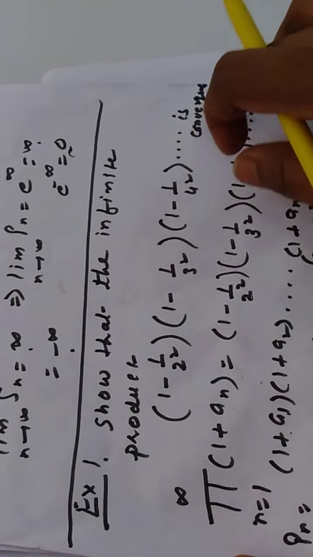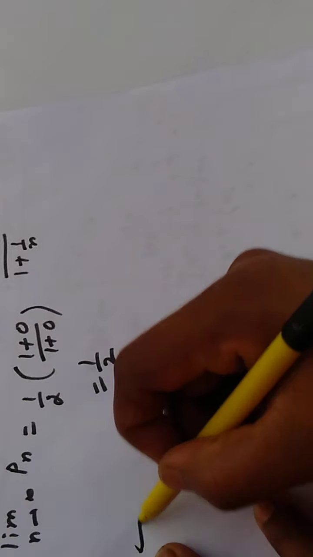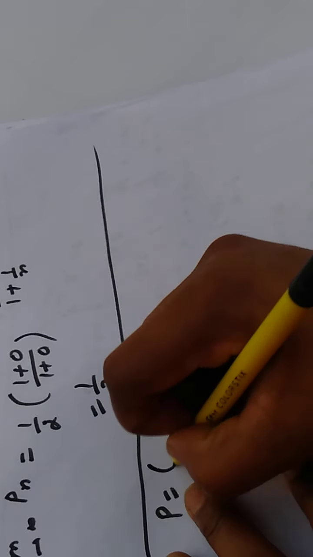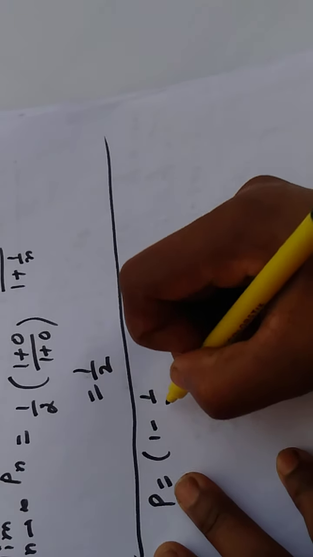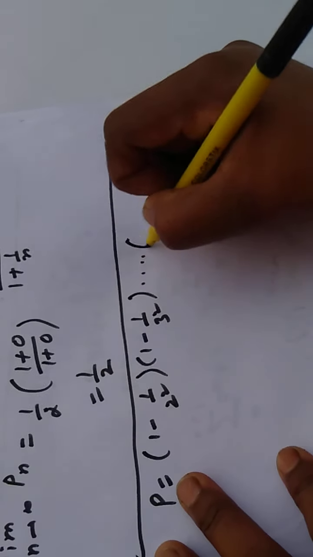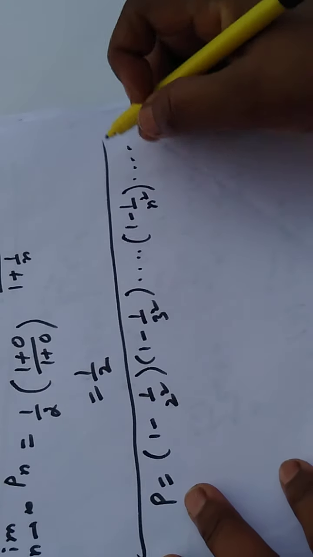Now as I have told you, we can convert this product into an infinite series, so we will do that method also. Let us make this infinite product an infinite series. So here P, the infinite product, is (1 minus 1 by 2 square)(1 minus 1 by 3 square)...(1 minus 1 by n square), and so on.